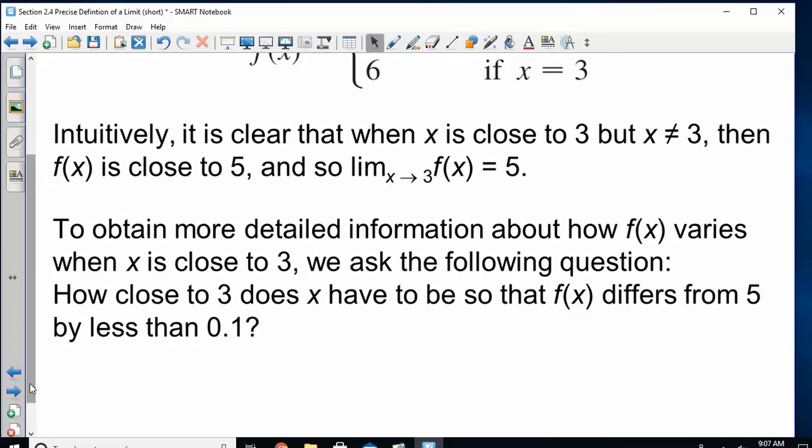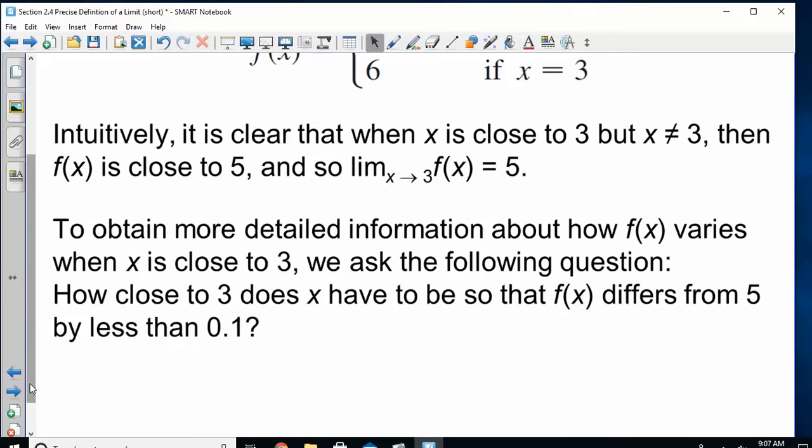Okay, but why? If I want to prove that it's 5, if I wanted to really justify that to someone, we have to be able to get our x close enough to 3 so that our y is close enough to 5 to prove it, okay?